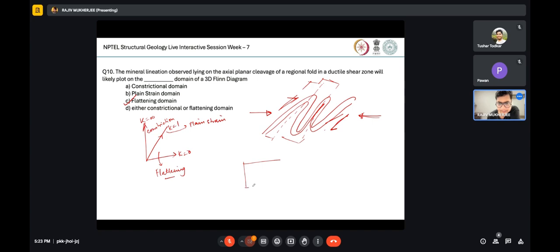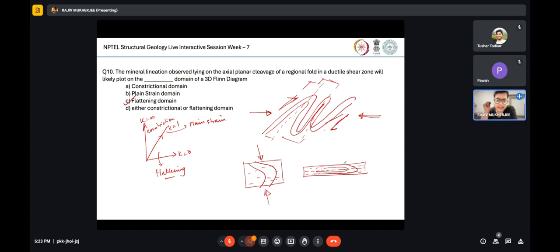So if this is your initial folding with some weakly developed foliation, if you further flatten out this fold, this will produce this shear zone with extremely tight folds, and all the mineral grains, the platy minerals, they are perfectly residing over the axial plane.